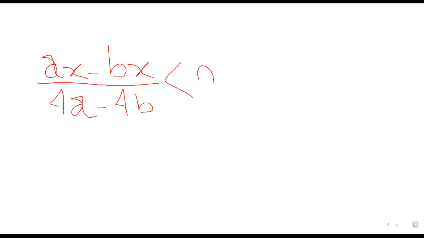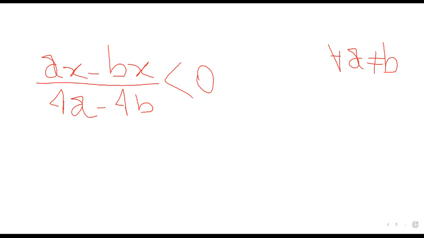Inequality. And a must not be equal to b. This is the only condition, restriction.